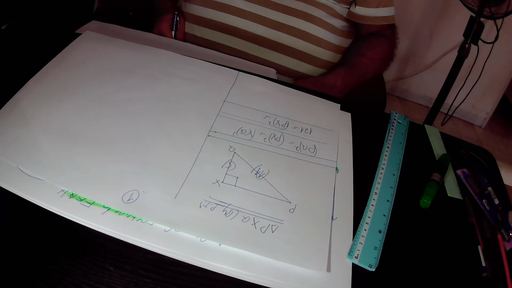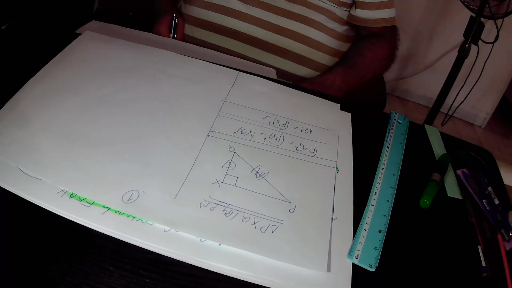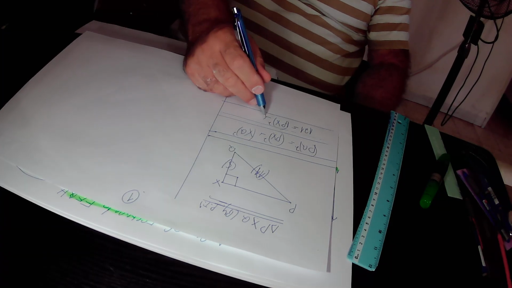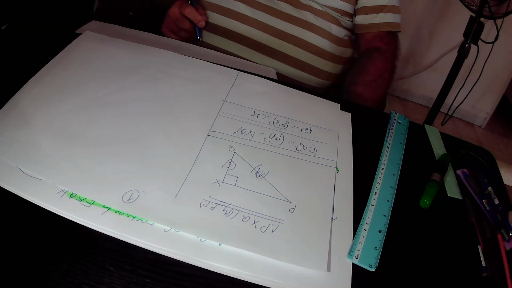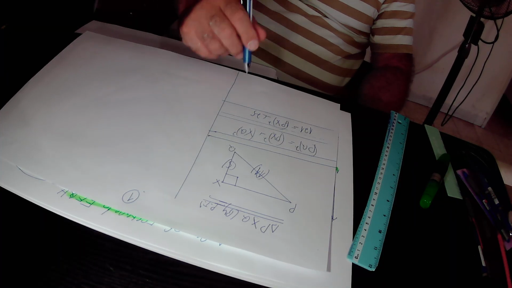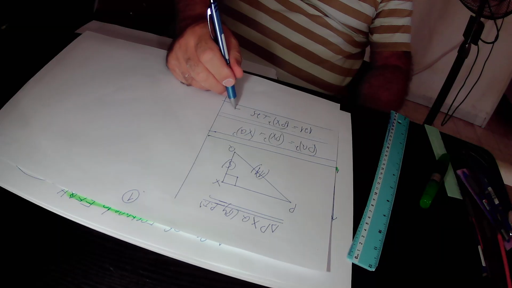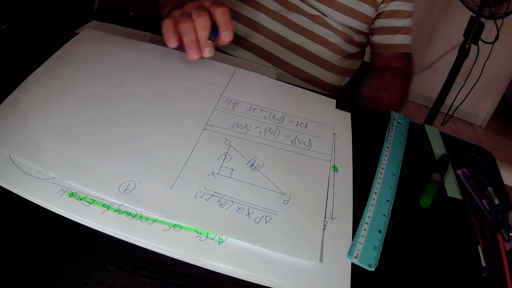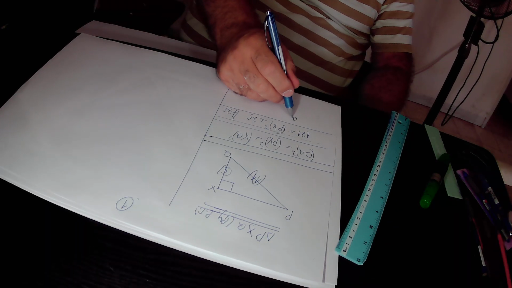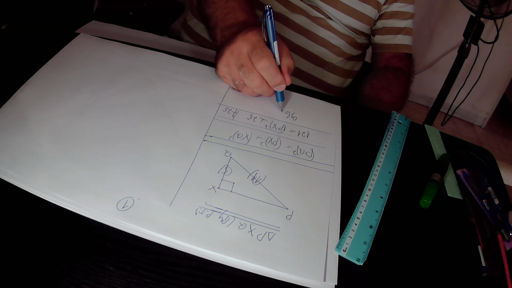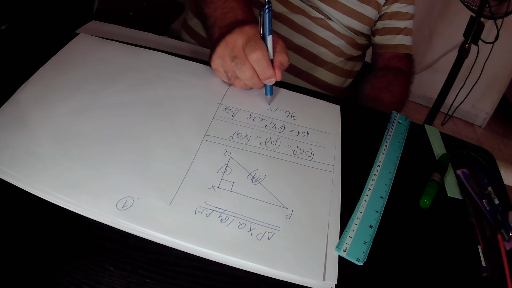XQ is 5, therefore XQ squared is 5 squared, that is 25. So in total we find that 121 equals PX squared plus 25. Here we subtract 25 from this equation, and we get that 121 minus 25 is 96, so 96 equals PX squared.